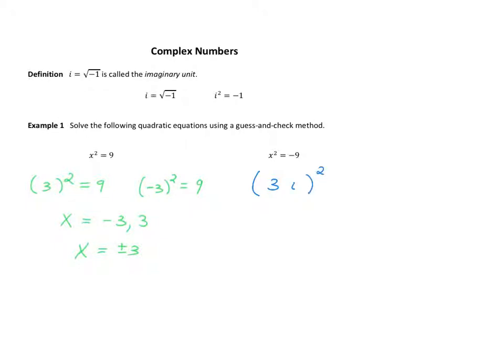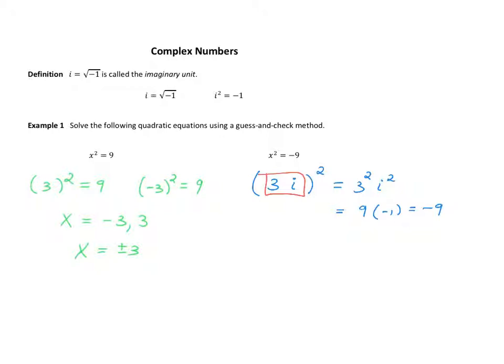But I'm also going to put an i in here. 3i is in the parentheses because the i will give me the negative back. When you square this, you square 3, but you also square i. 3 squared is 9. We defined i squared to be -1, and the product of those two numbers is -9. Therefore, 3i is a solution.